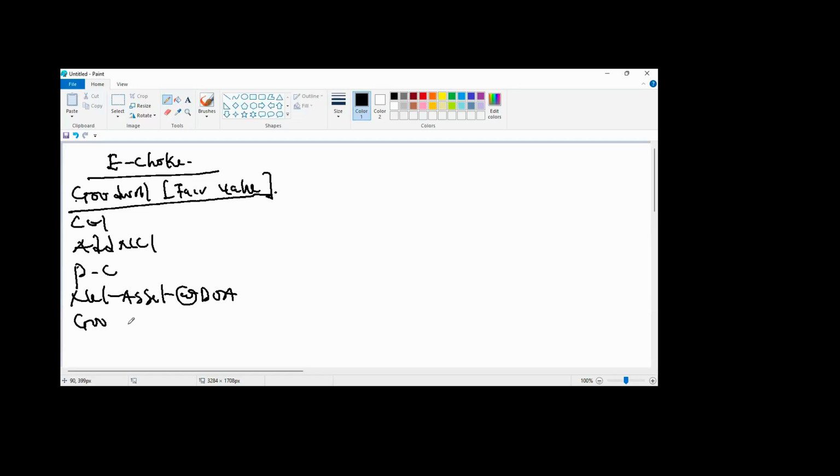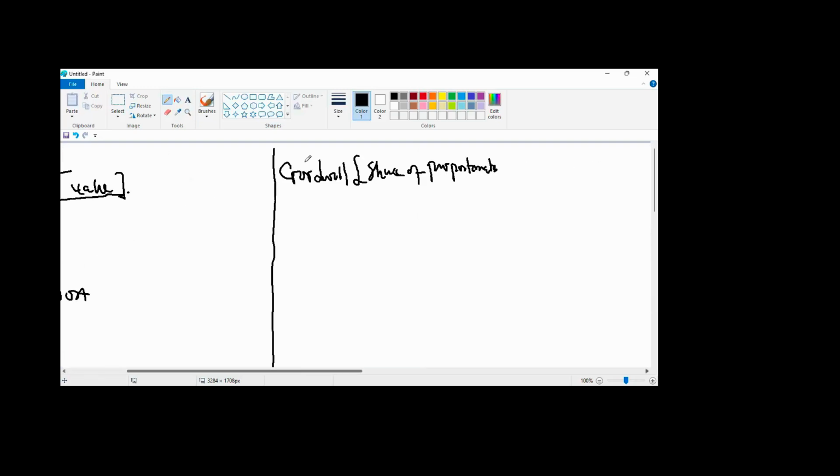And for the next one, this is the share proportionate goodwill. See the same formula by saying cost of investment, add NCI.